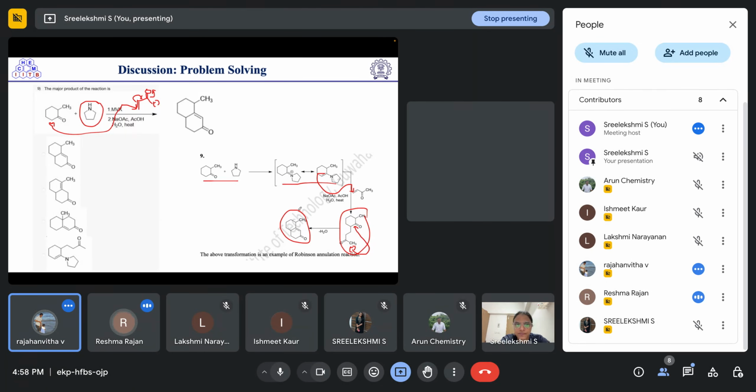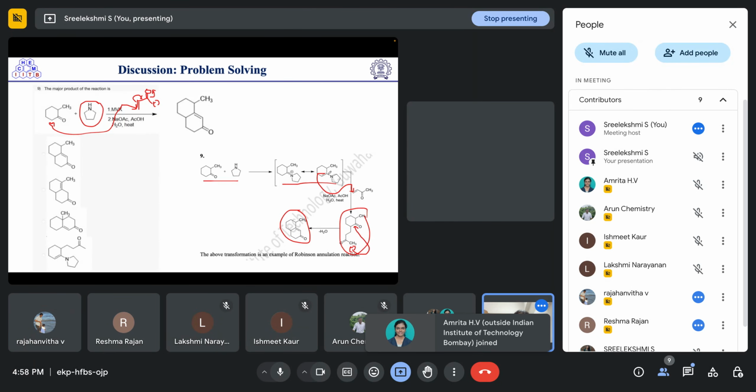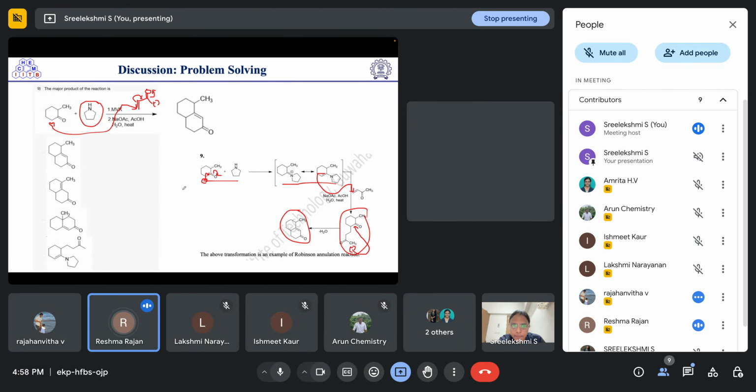Clear, madam. Actually, why is the double bond of the enamine attacking the double bond in the vinyl, the double bond of MVK? Like whatever we see in the case of an enolate: if one carbanion is generated here, this will shift to here, and here it forms O minus. Through that double bond only, it is attacking this MVK.